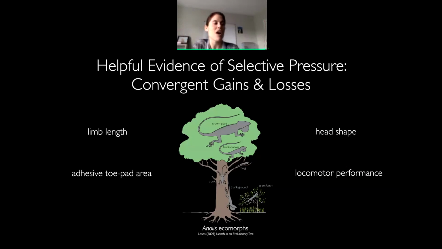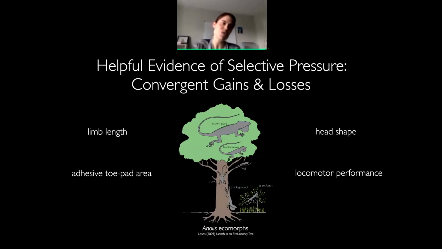And we have other ones that specialize a little bit closer to the ground, or might even be considered slightly more generalist, like the trunk ground species that are smaller and have different leg ratios. And all of these animals have various morphologies independently evolving in the different islands in order to help them deal with the particular challenges of the microhabitat that they're specialized for.